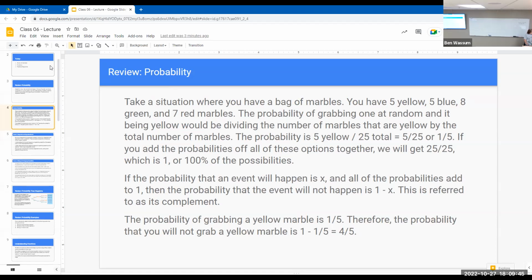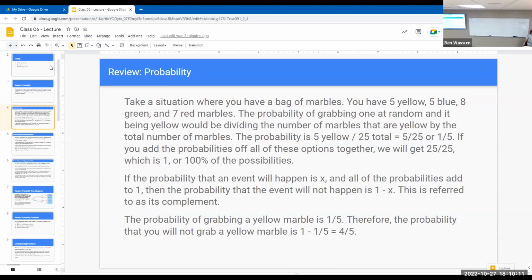Then you could say that the probability that that thing will not happen is 1 minus X. So that's the complement. If this thing happening is X, then everything else is 1 minus X. Because it's 100% minus whatever that was. Not too bad.